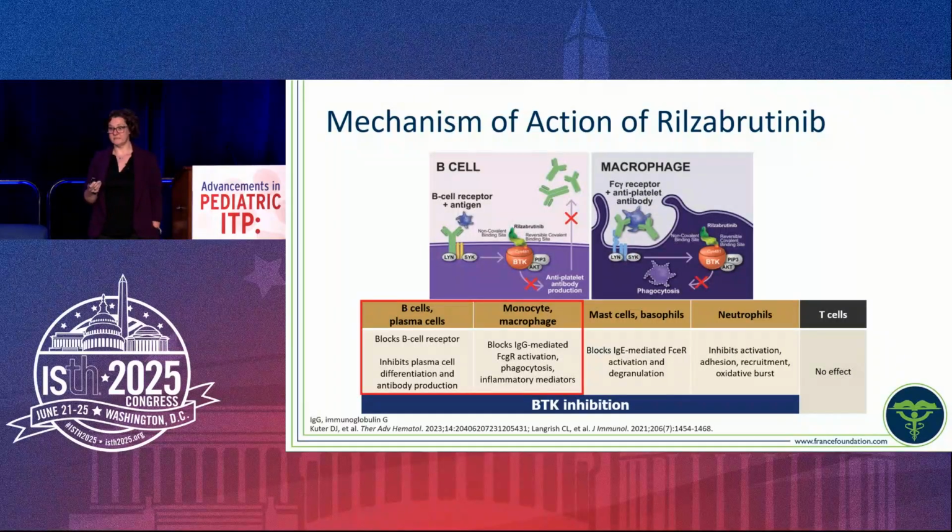In the adult trials, patients responded within about 2 weeks, and that's way too fast if you're just decreasing antibody production, right? Rituximab takes 4 weeks or so in most patients to see a response, and so 2 weeks was too fast. So it seems like it also inhibits macrophage and monocyte IgG-mediated FcR gamma activation and phagocytosis. And it also probably decreases some of the inflammatory mediators that play a role in ITP.